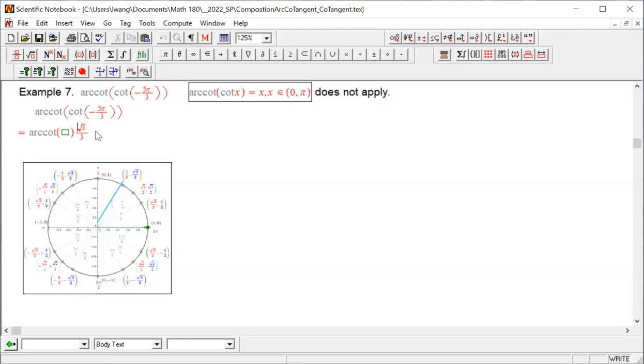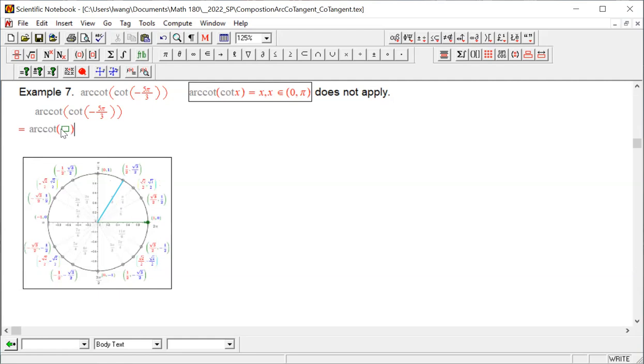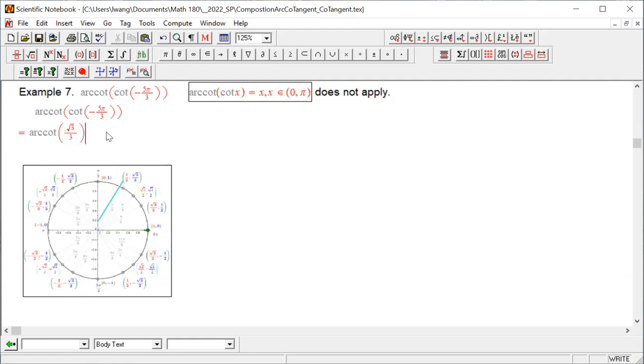Wait a minute, how did that come out? Okay, I'm going to put it inside, right? So what will be the answer? We just did that, but you just have to know that this time we're dealing with arc cotangent of √3 over 3. Chop it off, right? Positive ratio, the terminal is going to be here.